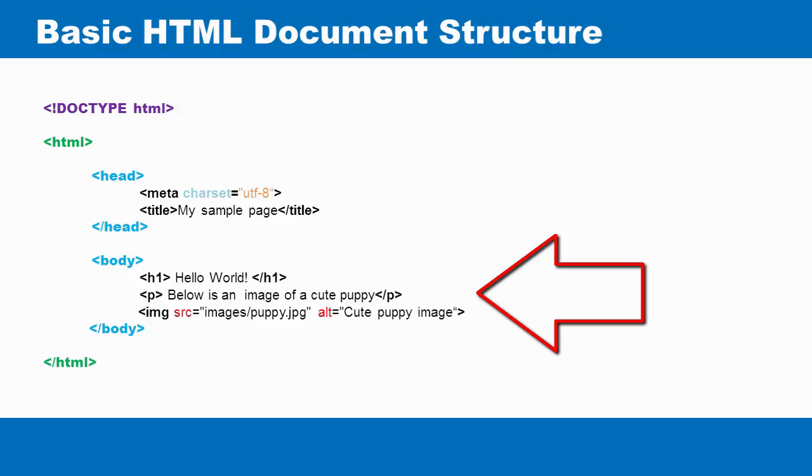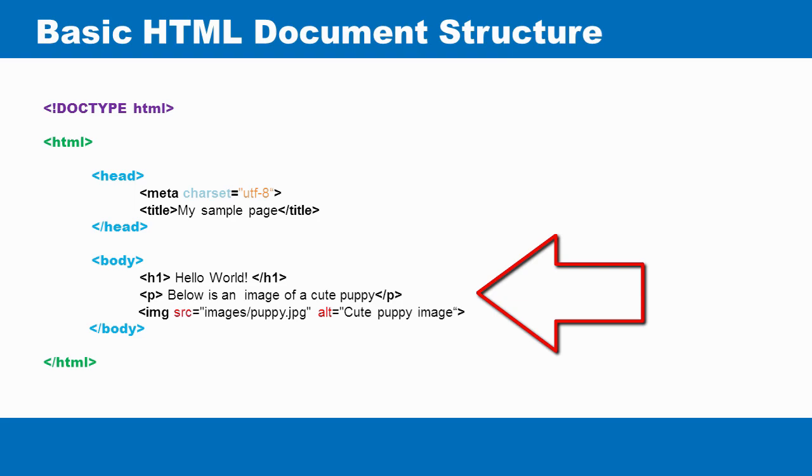Inside the IMG tag, you have to specify a couple of attributes. The first attribute is called the SRC, or the source. If you're adding an image, you need to use the source attribute to specify where the image is going to be referenced from.